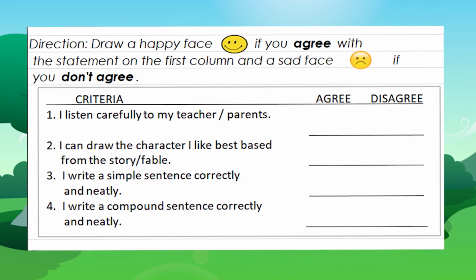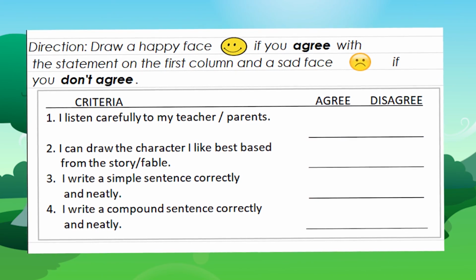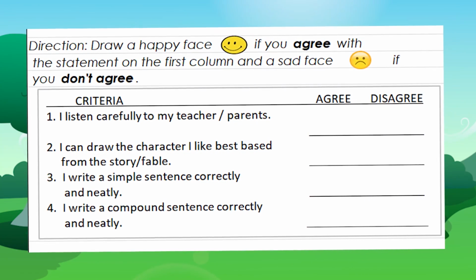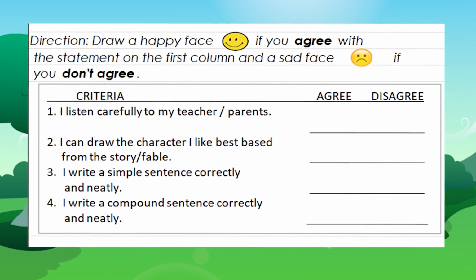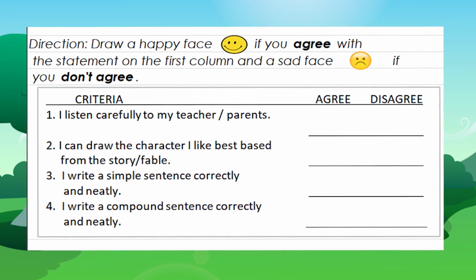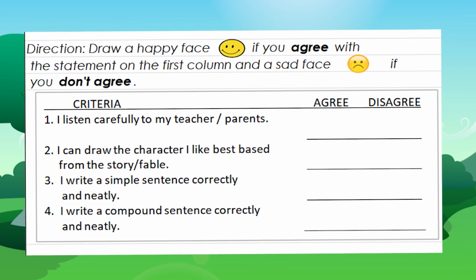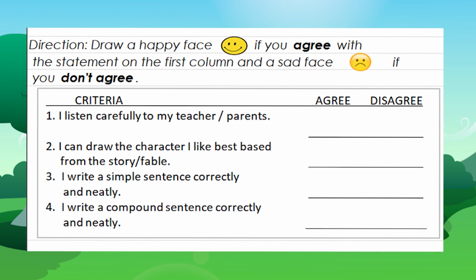Direction. Draw a happy face if you agree with the statement on the first column and a sad face if you don't agree. The criteria: number 1, I listen carefully to my teacher or parents. Agree? Disagree. Number 2, I can draw the character I like best based from the story or fable. Agree? Disagree.